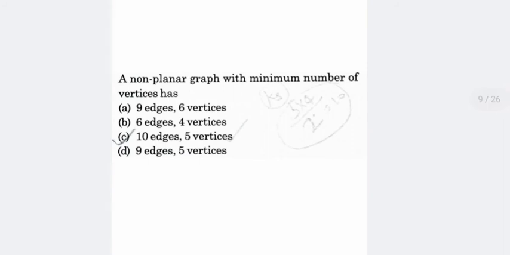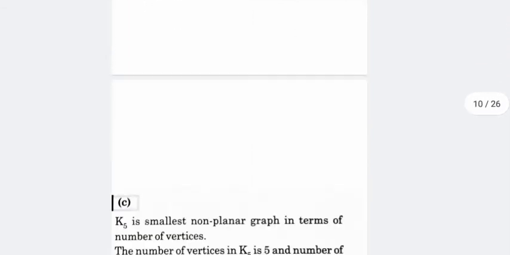A non-planar graph with the minimum number of vertices has... So there are four options, option A, B, C and D. Now come to the solution of this problem.